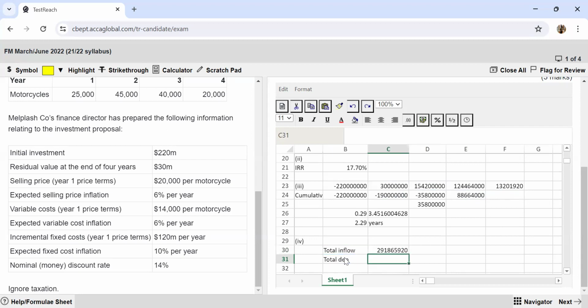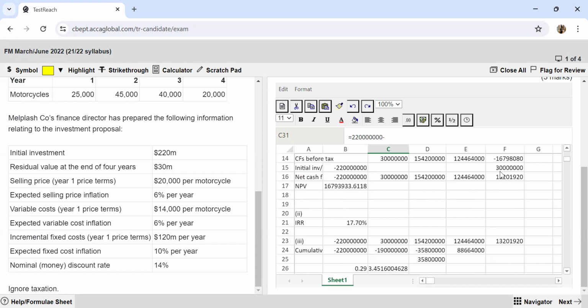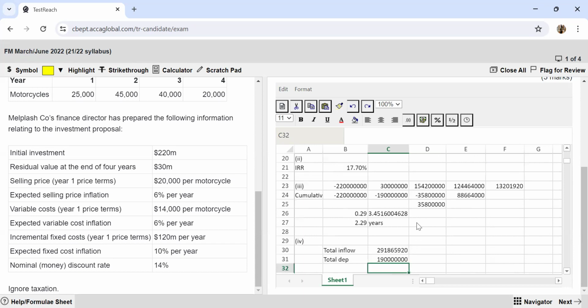Our main expense over here is depreciation. If you subtract the depreciation portion from the inflows we have calculated, we'll arrive at the profits. 220 million is what we got this machine at, and 30 million was its scrap value. So the remainder, $190 million, was the depreciation.